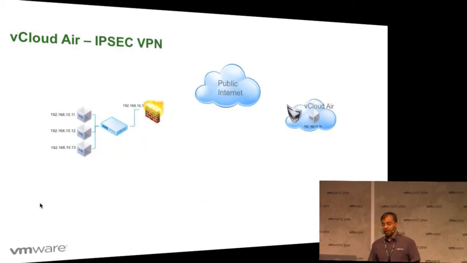The second option there will be IPsec VPN, and what this will allow us to do is create a tunnel between a VPN-capable device from your on-prem environment and the edge gateway that is available on vCloud Air by default. So you create the tunnel, and all the traffic that is destined from the on-prem network into the vCloud Air network will be protected, it will be encrypted.